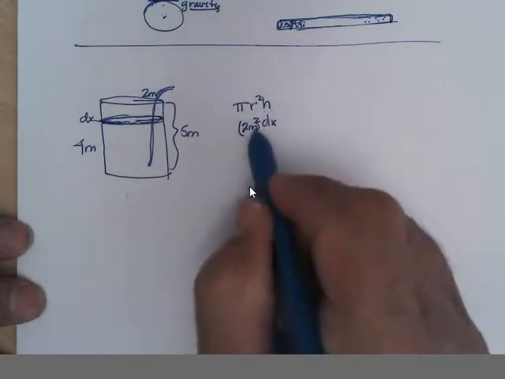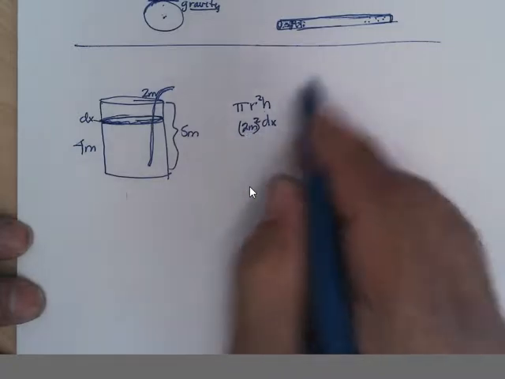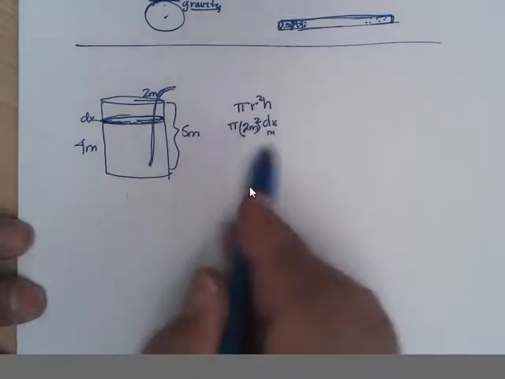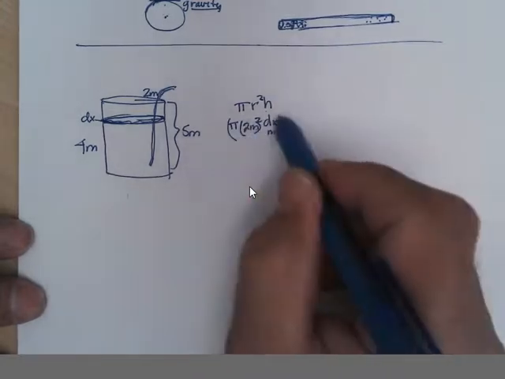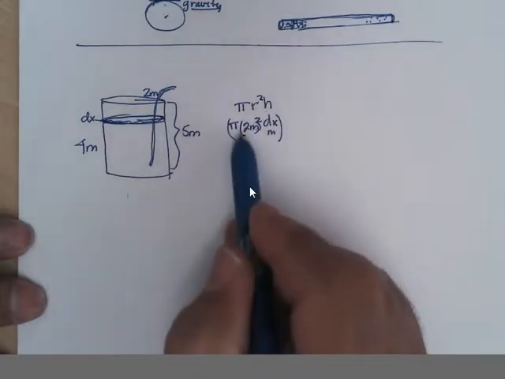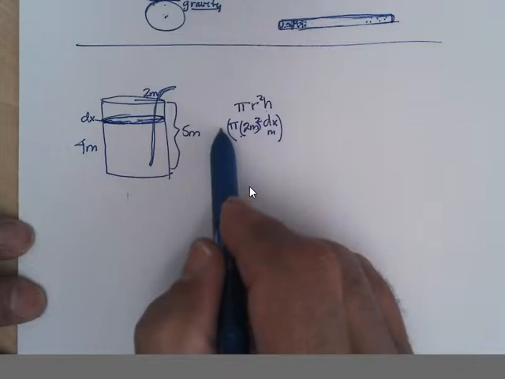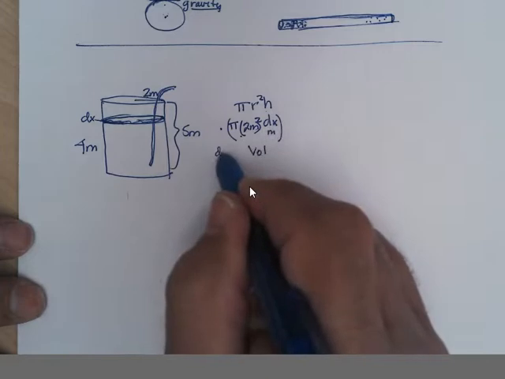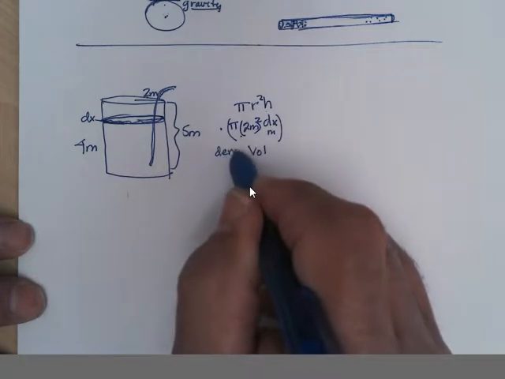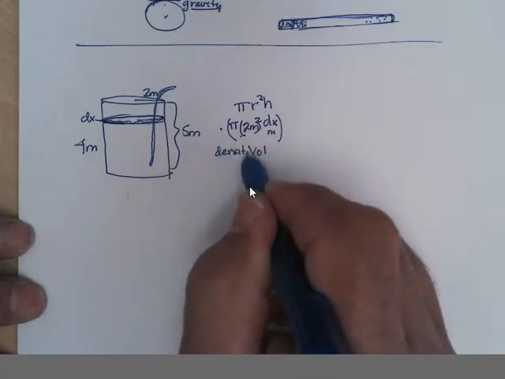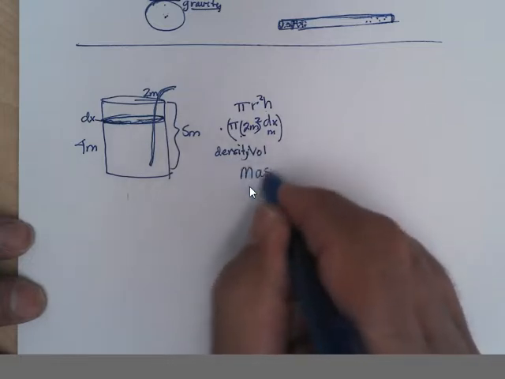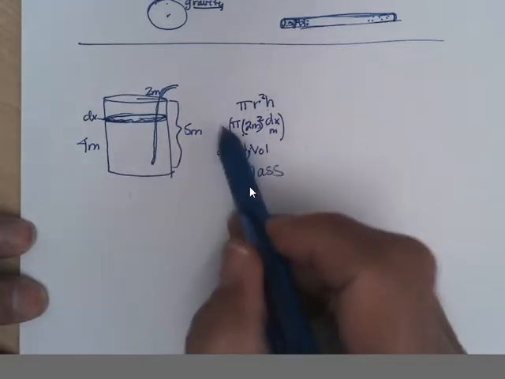So it's 2 meters times 2 meters times the thickness, which is in meters, times pi. So that's a volume. If you take volume times the density of water, you will get the mass. Volume times density gets you mass. So let's get the mass.